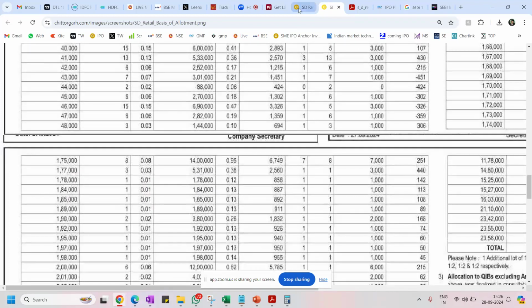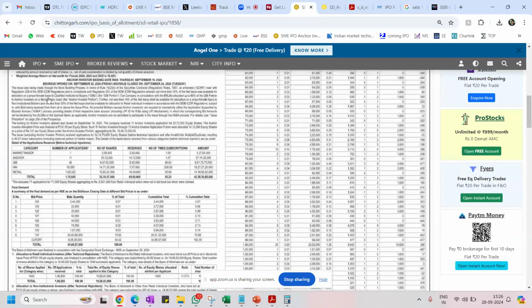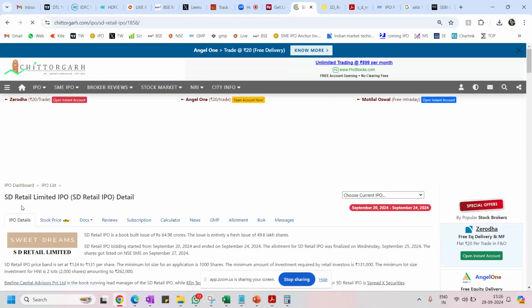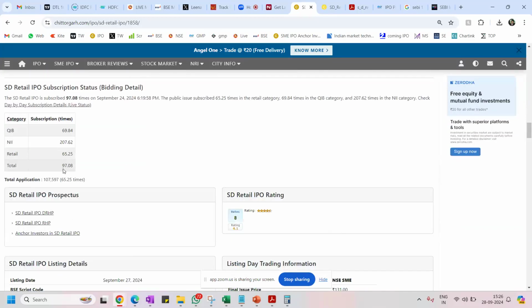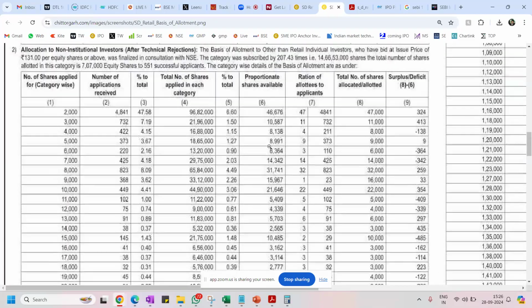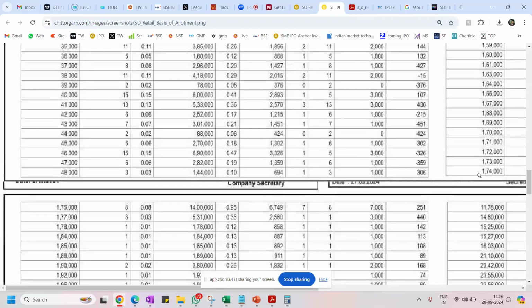Now, if you look at SD retail's overall subscription, which was 97 times, somebody who applied for 98 lots would have got assured allocation.